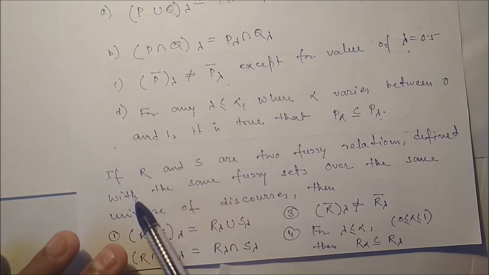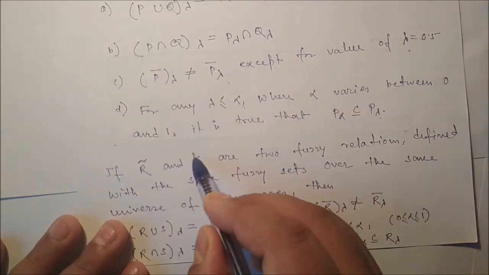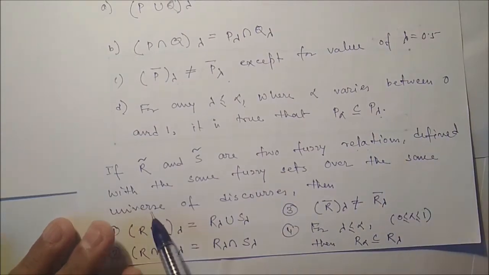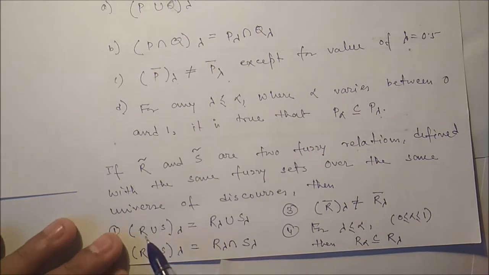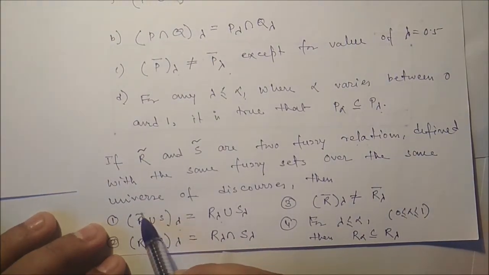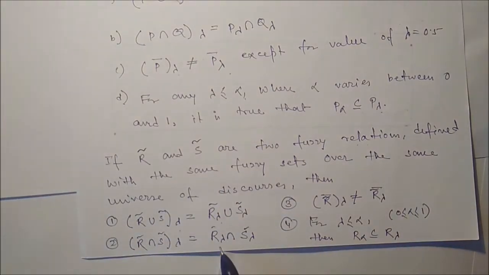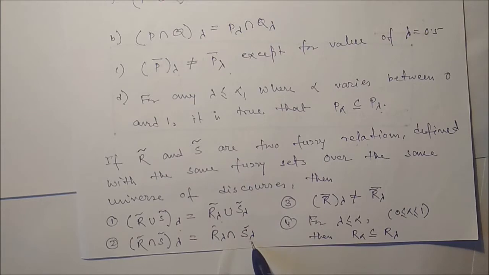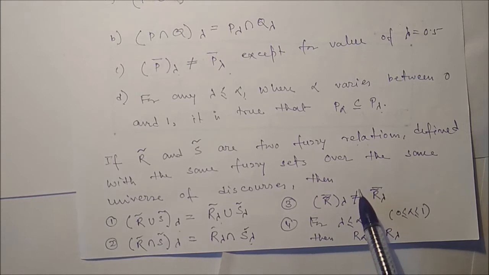Similarly, if R and S are two fuzzy relations defined over the same fuzzy sets and the same universe of discourse, then (R union S) lambda is equal to R lambda union S lambda. So all are fuzzy relations. Similarly, (R intersect S) lambda is equal to R lambda intersect S lambda. But (R complement) lambda is not equal to R lambda complement.